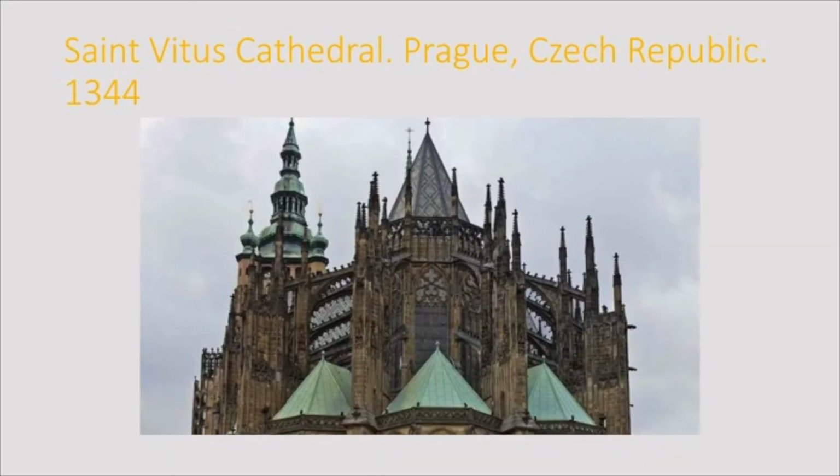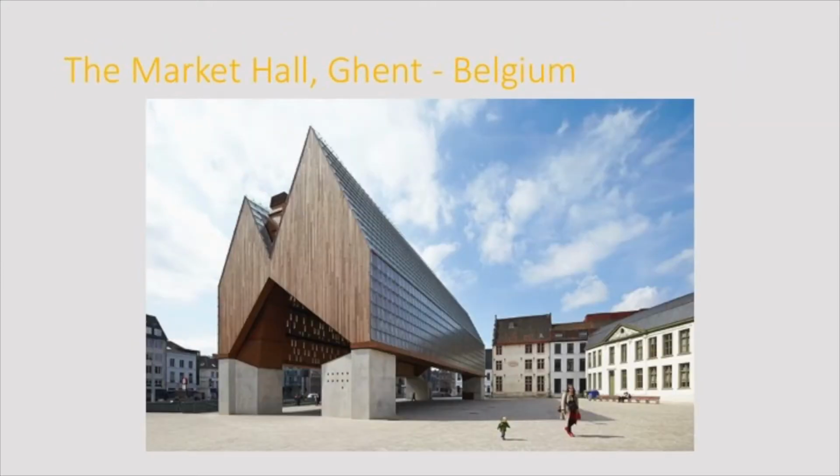Known as the largest and most important cathedral in Prague, Czech Republic, its neo-Gothic part is best revealed in its main nave and narrow side aisles. The Market Hall project started in 2012 and carries many fundamental designs of the Gothic period, such as the use of pointed arches and flooded light.